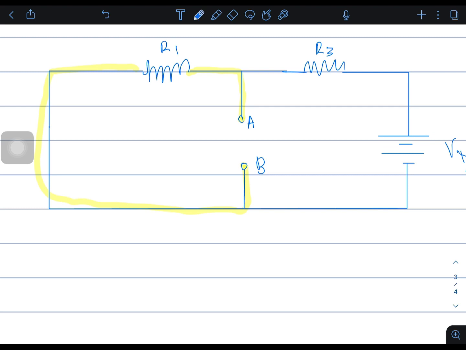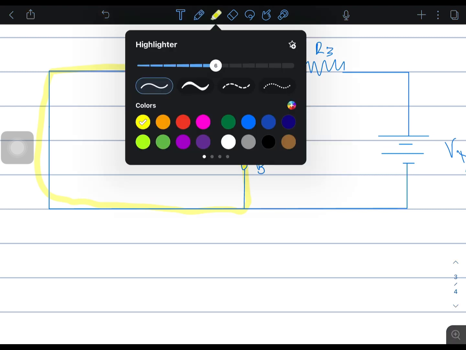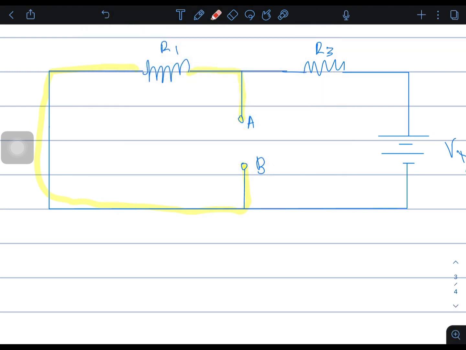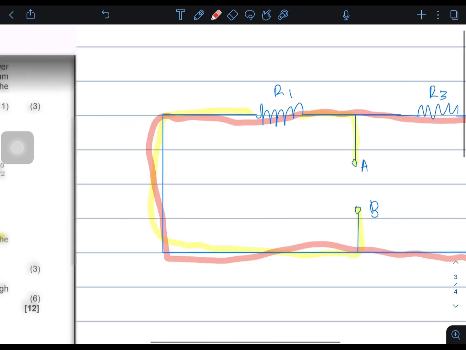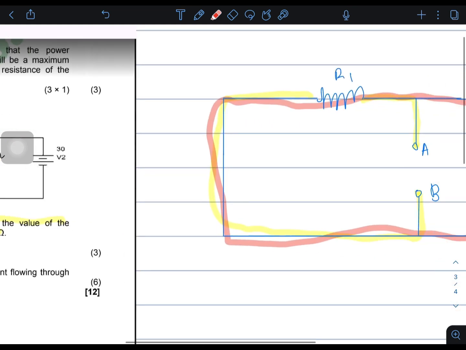We can see that this is a series circuit, and the voltage across is V2, which is 30 volts.